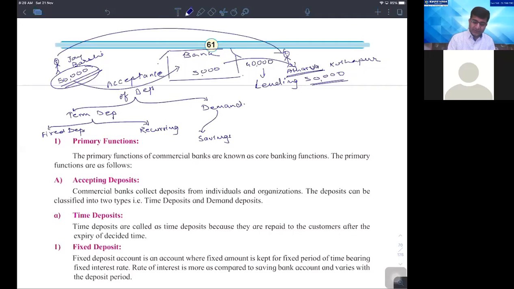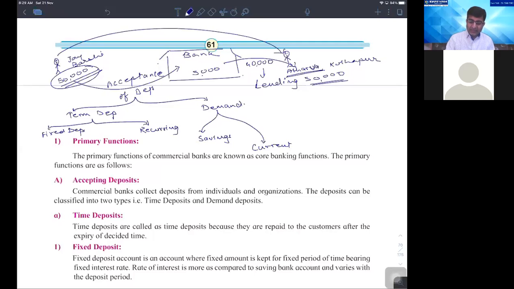That's why it is a demand deposit. And the current account. So this is how the different types of deposits are divided in the primary function of the bank, acceptance of deposits.